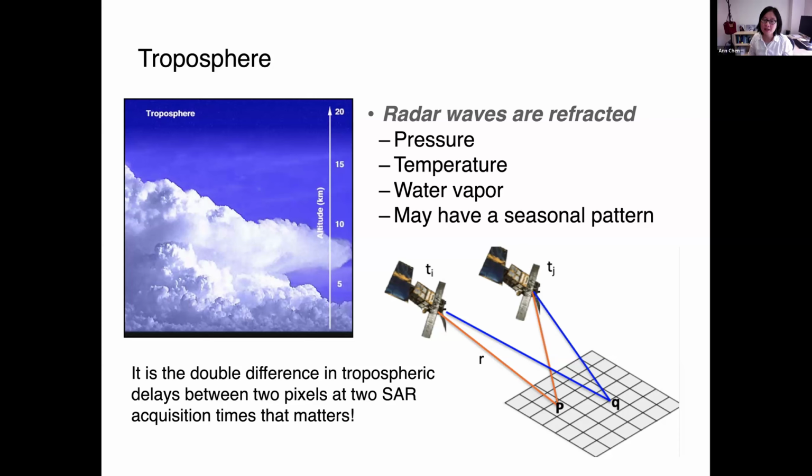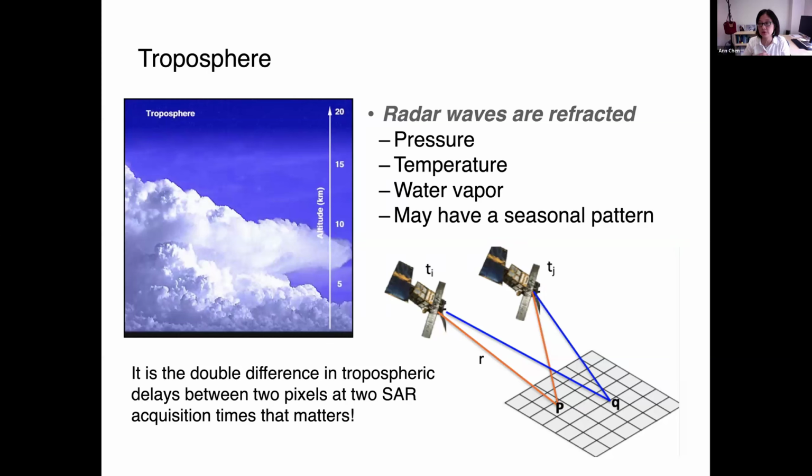For tropospheric noise, a very important key is that it's frequency independent. So you will see the same amount of delay for an X-band sensor and an L-band sensor. It is usually more severe if you have a hot, humid environment with large elevation change.